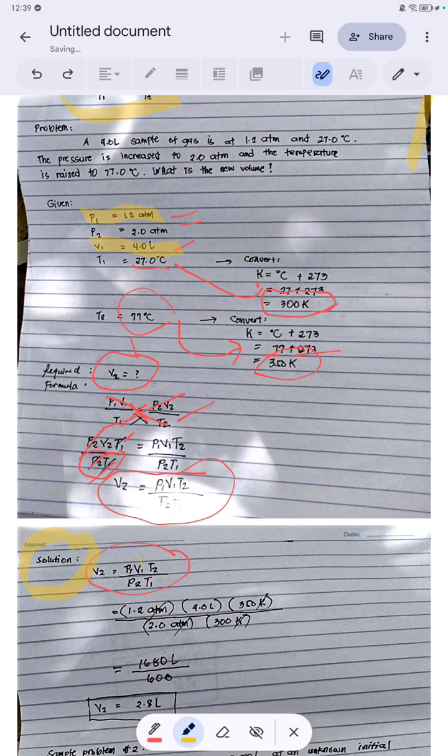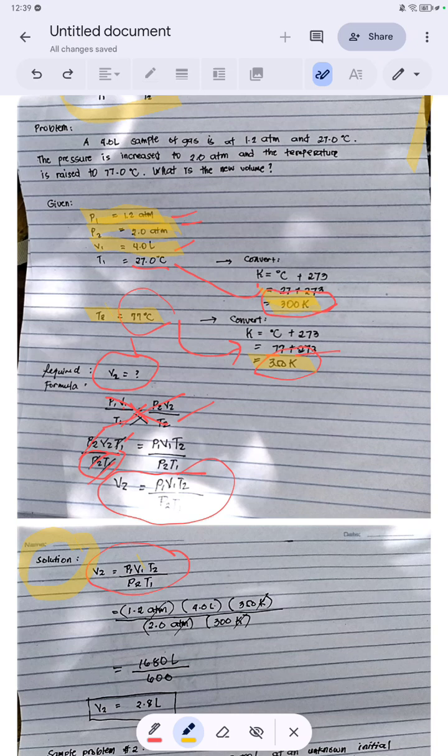What is T2? That is 77 degrees Celsius, which we converted earlier into Kelvin, that is 350 Kelvin. What about P2 and T1? P2 is 2.0 atm. T1 is 300 Kelvin, since we converted 27 degrees Celsius into Kelvin.